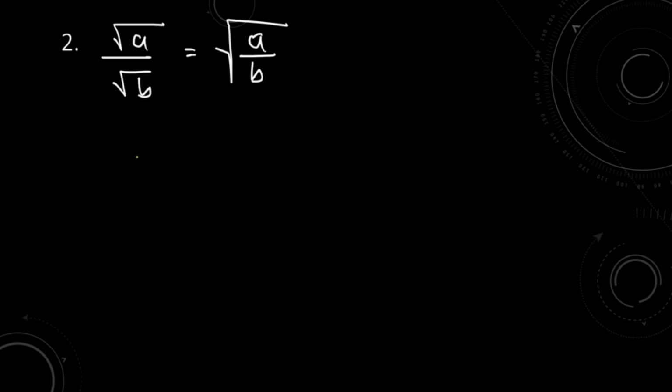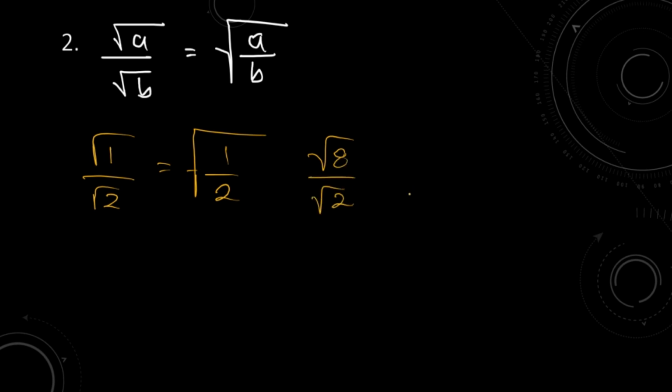Rule number 2: square root A over square root B equals square root A over B. So if you had square root 1 over square root 2, this would be square root 1/2. If you had square root 8 over square root 2, this would be square root 8 over 2, which is square root 4, because 8 divided by 2 is 4, and then square root 4 gives you 2, because 2 times 2 is 4.